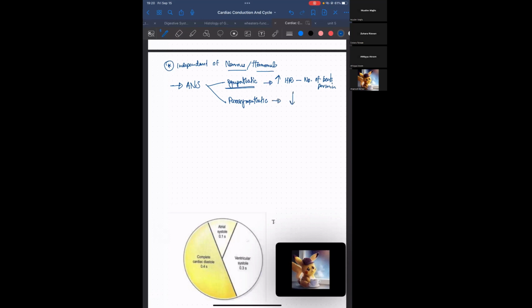The fight or flight response and the rest and digest response.